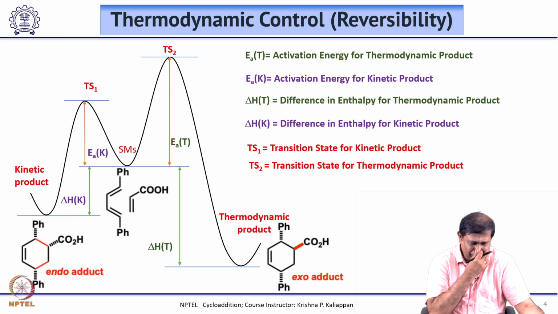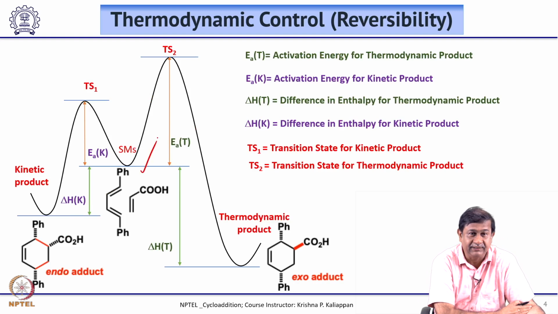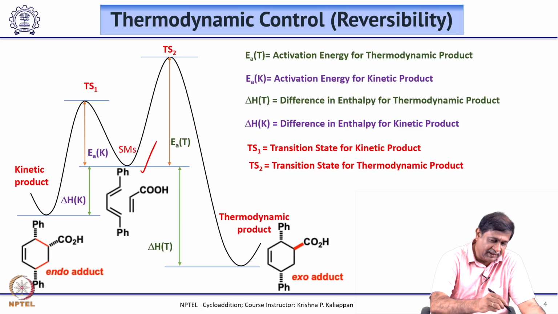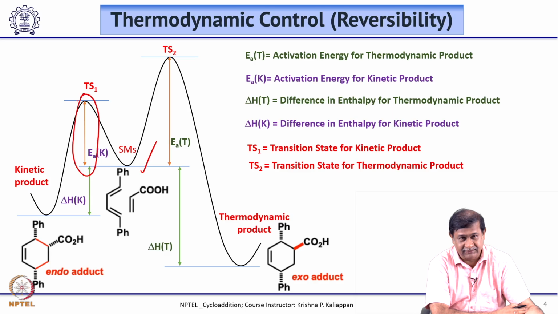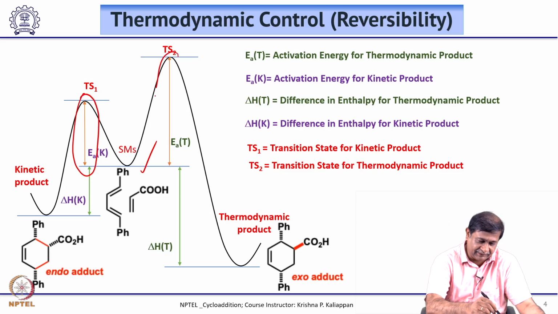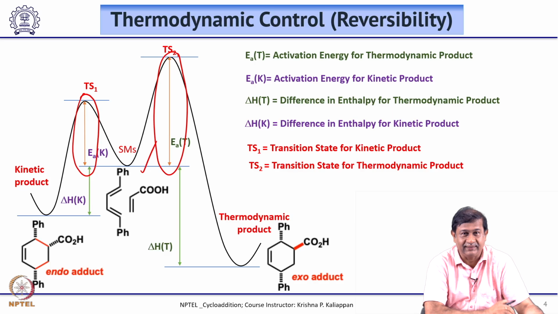If you look at the potential energy diagram, this is the starting material energy, and this is the activation energy barrier for the endo product. Whereas the activation energy barrier for exo is quite high.